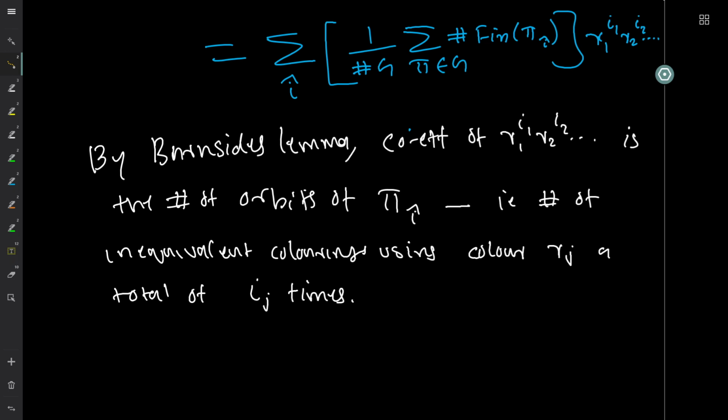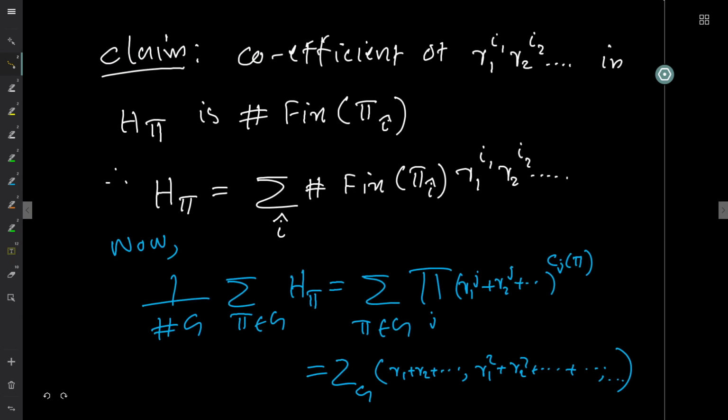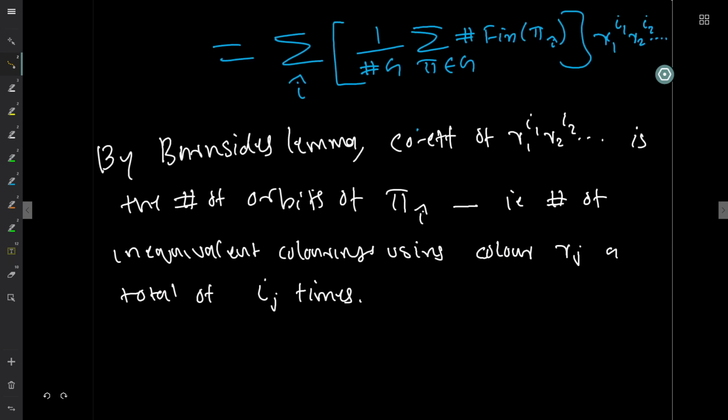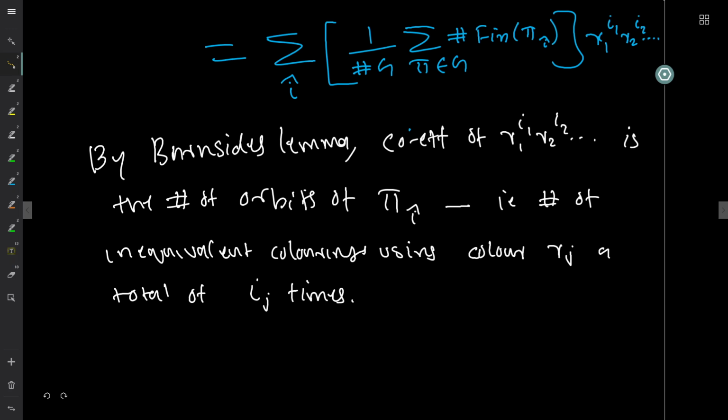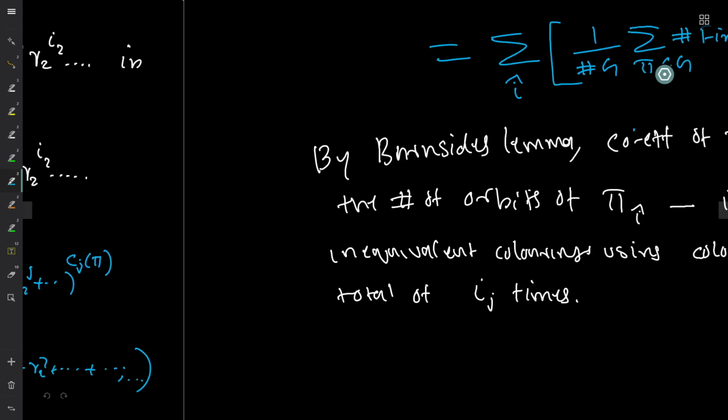Writing this in another fashion, we can write it as a summation over all I cap of 1 by order of G, summation over all the permutations in G, of the cardinality of fix of pi I cap times r1 raised to i1, r2 raised to i2, etc. Why is this?